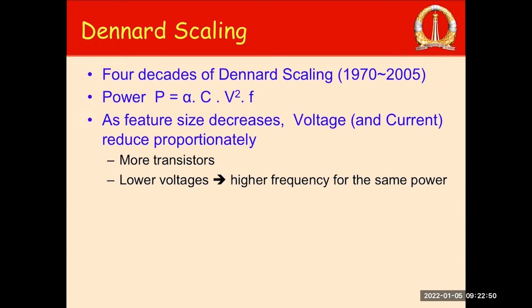So as the feature size was reducing, the number of transistors was increasing, which is what was observed in Moore's law. At the same time, the voltage is reducing, the transistors are becoming faster, or the clock frequency is increasing, and the power budget is remaining constant. That means you are able to pack twice as many transistors in the same chip in 18 months at the same power budget.